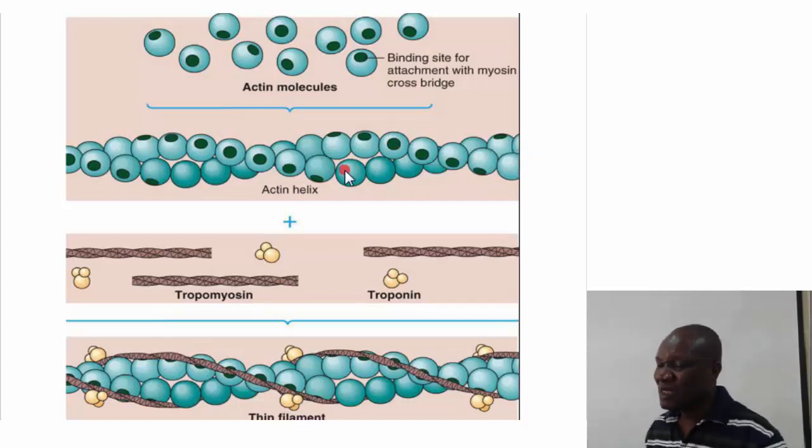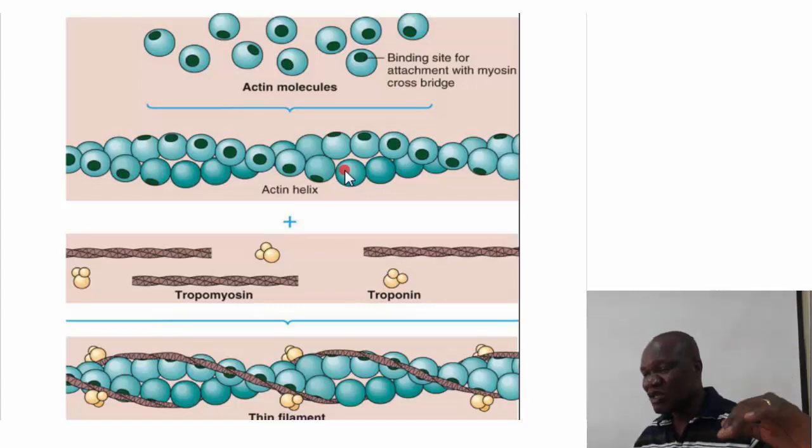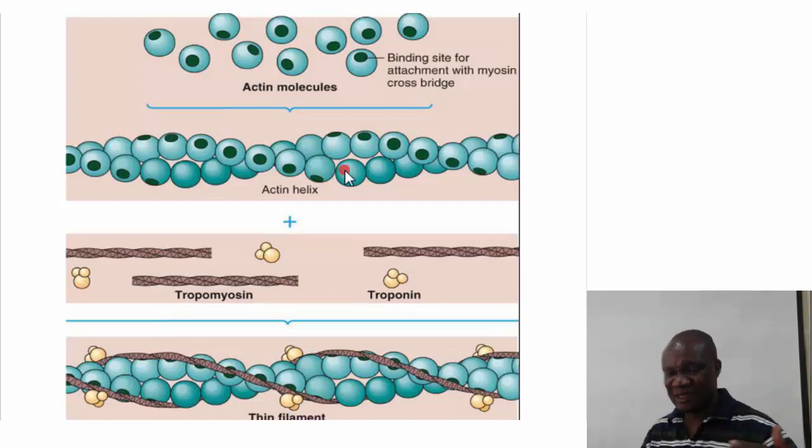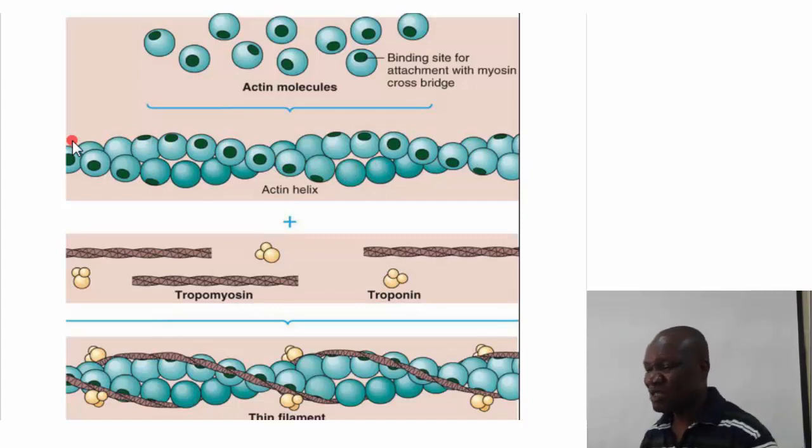The thin filament in skeletal muscle is made up of two of these actin chains coming together to form a double helix.